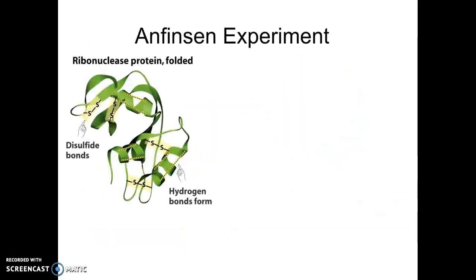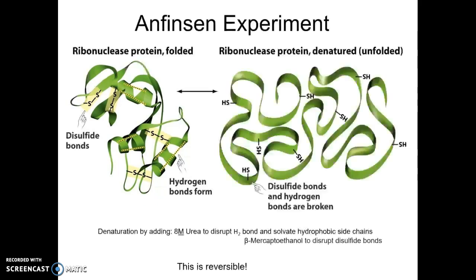So the Anfinsen experiment is basically, he broke all of the disulfide bonds of a protein. The protein was ribonuclease, and he broke all of the disulfide bonds by treating it with 8 molar urea and beta mercaptoethanol.